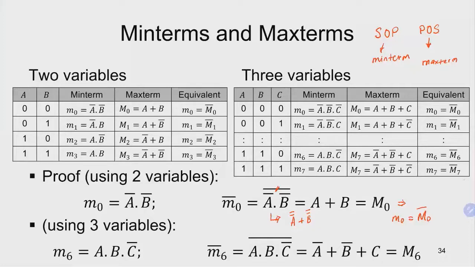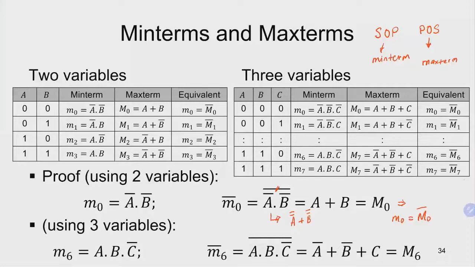So basically, the maxterm is the De Morgan of the minterm. And then we show a proof of how we can prove that the minterm is equal to the maxterm. And the proof is down here.